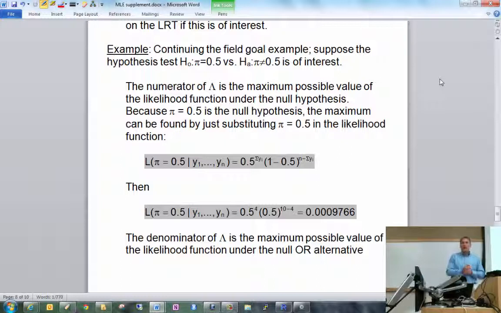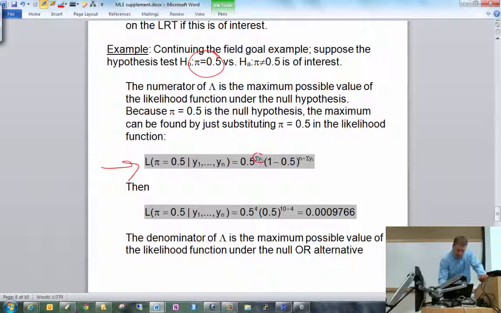Okay. So again, with this likelihood ratio test, I need to find two things, a numerator and denominator for lambda. So the numerator says, let's suppose that H0 is true. What's the maximum possible value of that likelihood function? Well, so I've written out my likelihood function here, assuming H0 is true. So wherever I saw a pi before, now I have a 0.5.